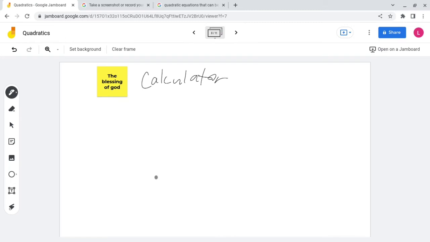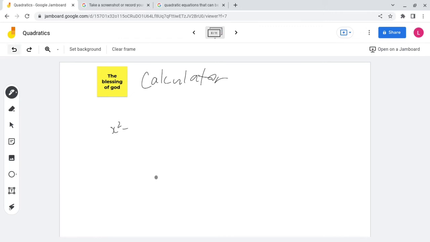Right, so if you go to your calculator real quick, your scientific calculator, and you go to mode, which is to the left of the on button, you press equation, which is 3, and you press 3 again, which is the ax squared plus bx plus c equals 0, and you key in the values of a, b, and c, right?